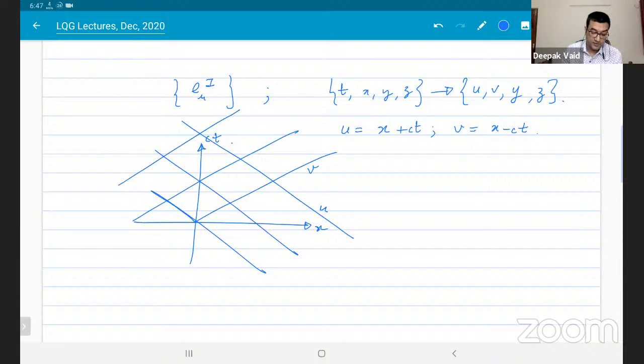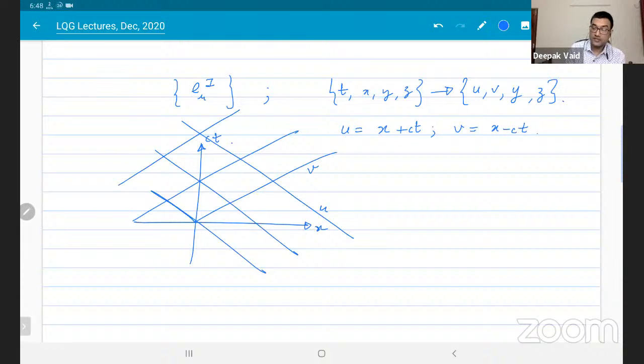If you are working in an arbitrary space-time with some curvature, you can't define the same coordinates. What you need is to define the basis at each point, and that basis is some set of tetrads.